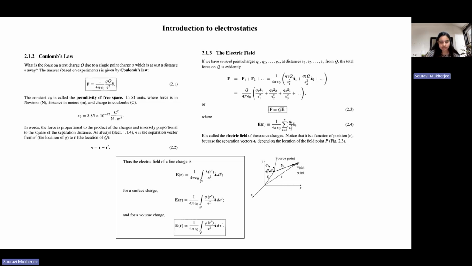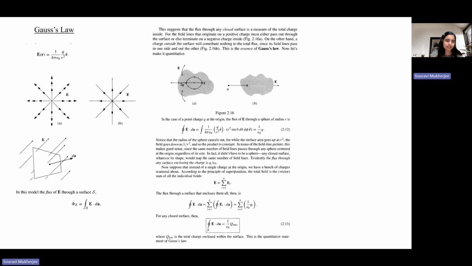But then as we proceeded, we saw that if there's a proper symmetry in the system, we can make use of the symmetry. There are even simpler ways of finding electric fields. That is associated with the law called Gauss's law, which deals with this very concept of flux.